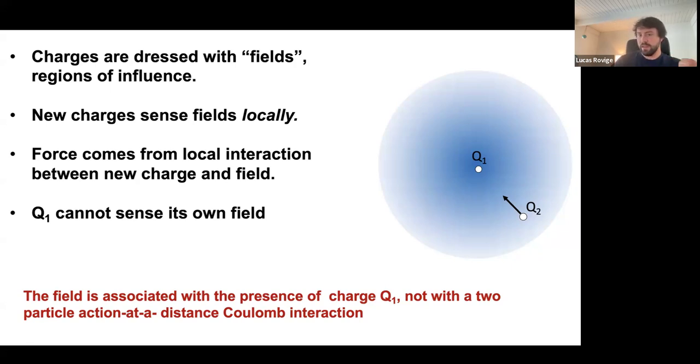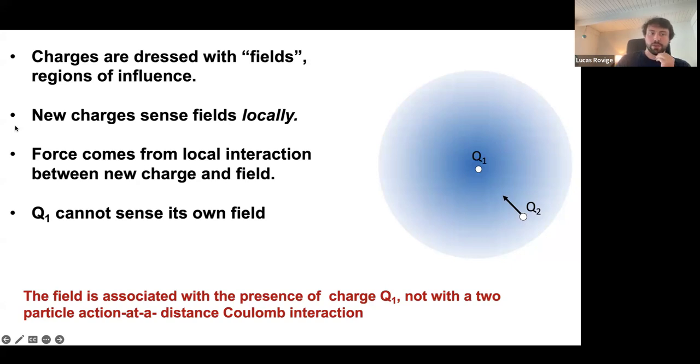And when another charge is in this overall space, well, it can feel the field of the particle, and that's how they interact, because they locally interact with the field at this position. And so the force between the two particles comes from the interaction of this particle with the field of that particle.